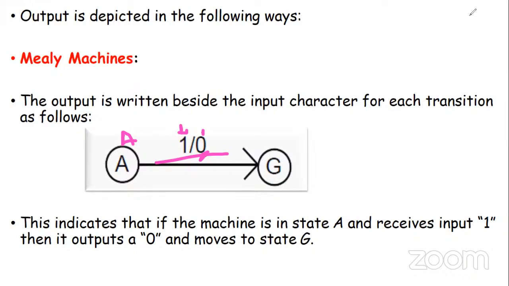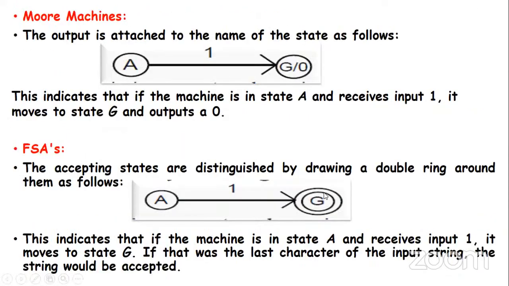However, for a Moore machine, there's a slight difference. Now, this is a Moore machine, right? So you are at a state. Upon the receipt of this, you can see there's no output by the side of 1.